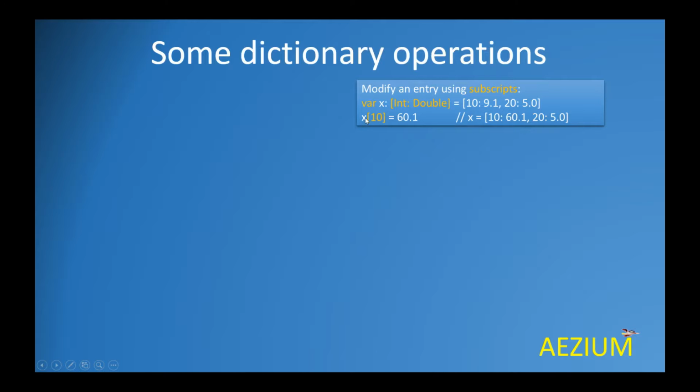So we are saying here that change the value of the key value pair pointed at by key 10 to 60.1. So as a result of that, x will become equal to this, which is the same as that, but if you notice, the value of the first pair is now 60.1 instead of 9.1.